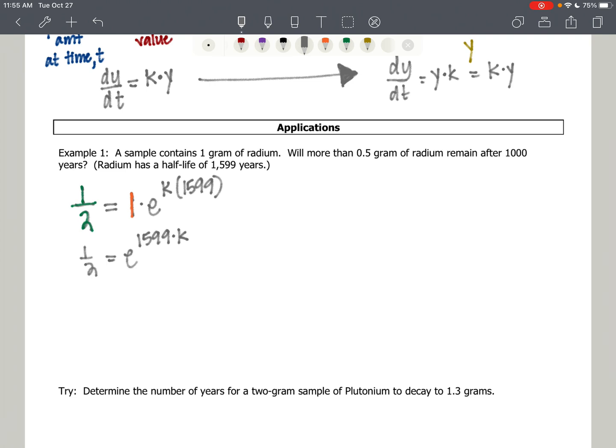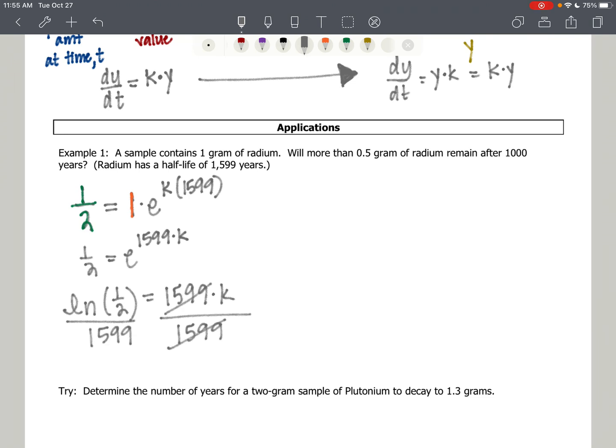I'm going to rewrite this in log form. So I've got log base e of 1/2 equals the exponent 1599 times k. I'm going to divide both sides by 1599.